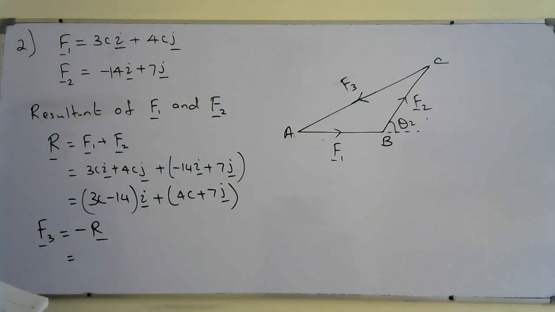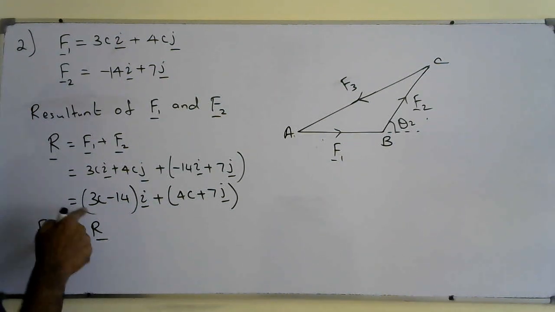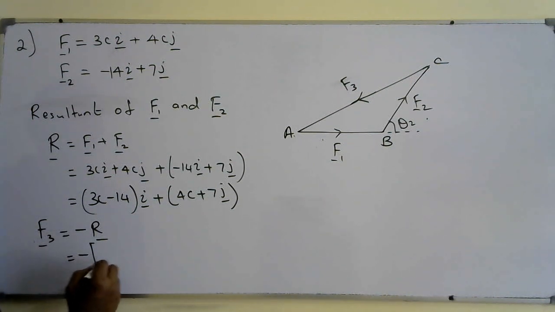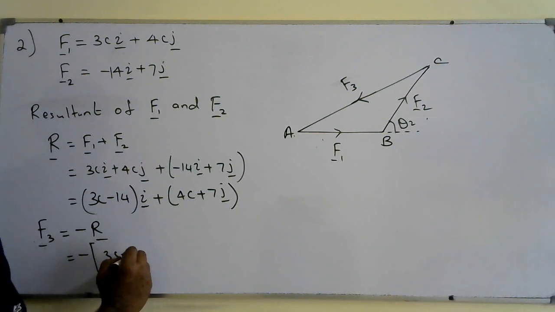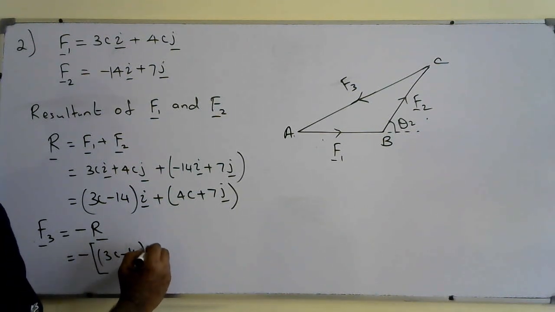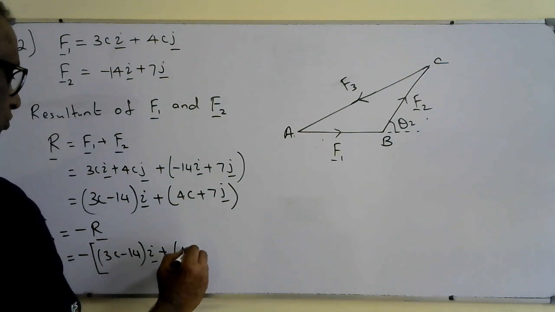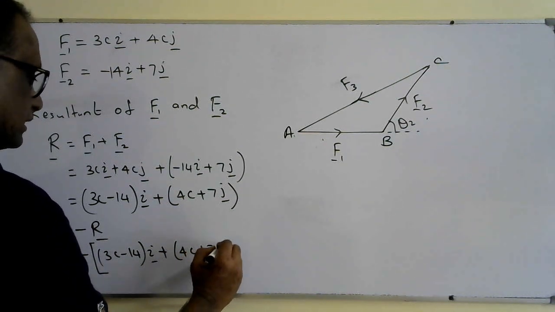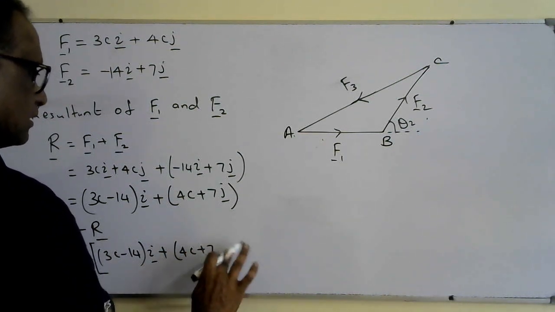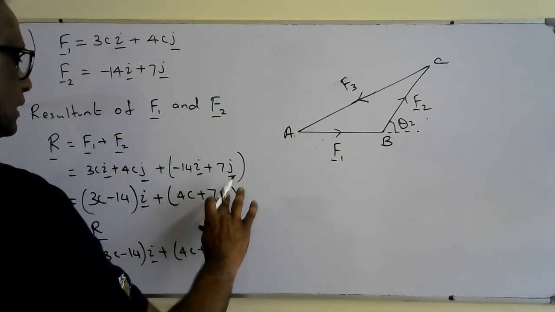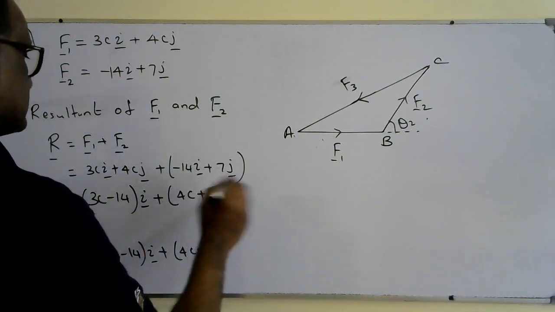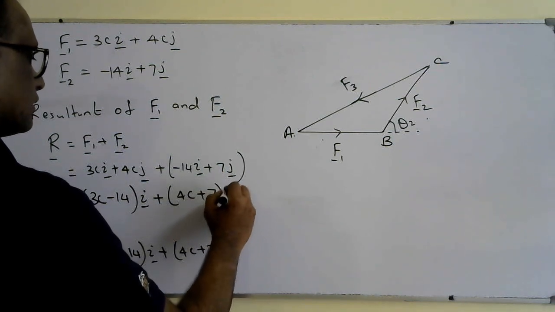So that's going to be multiplying this by minus, that is minus of (3c minus 14)i plus (4c plus 7)j.